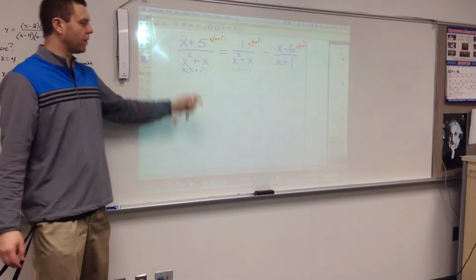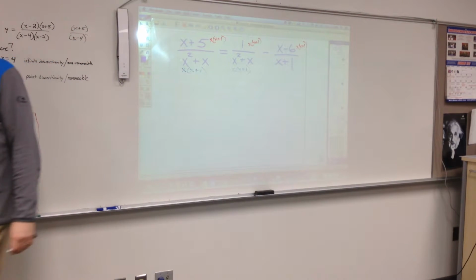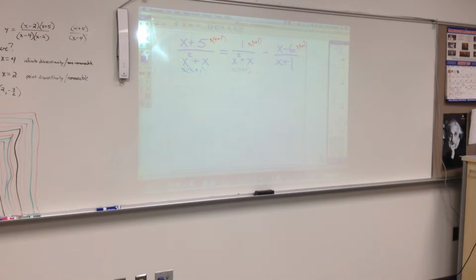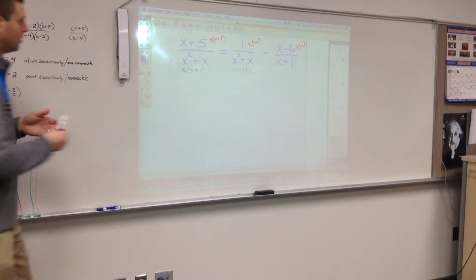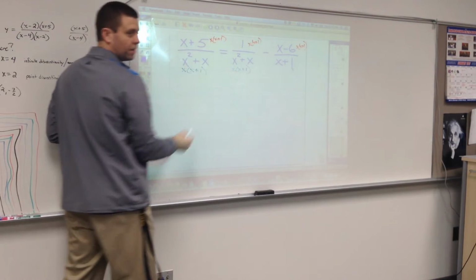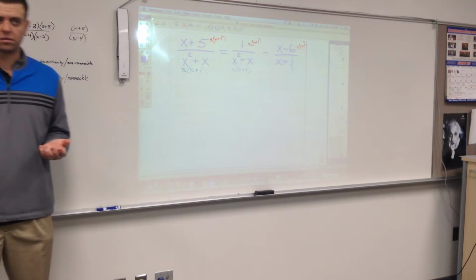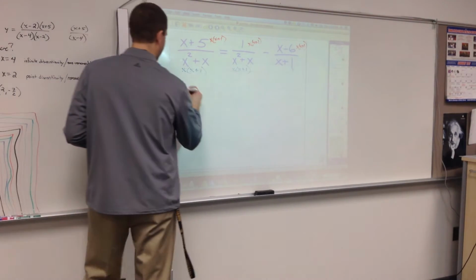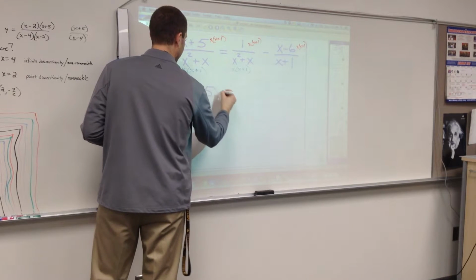What happens to the first fraction? The denominator is canceled, right? Because this will cancel the denominator and all you're left with is x plus 5. How about the second fraction?